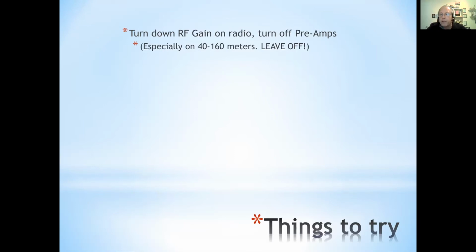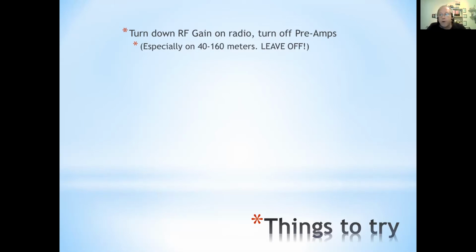It's amplifying the noise and the signal both. And often the noise can be so high that it's what's triggering the AGC in your radio, the automatic gain control, not the signal. So especially on 80 meters, turn down the RF gain and use that as your volume control. You're going to find that you're going to pull a lot of signals out of the noise that you didn't even know were there.